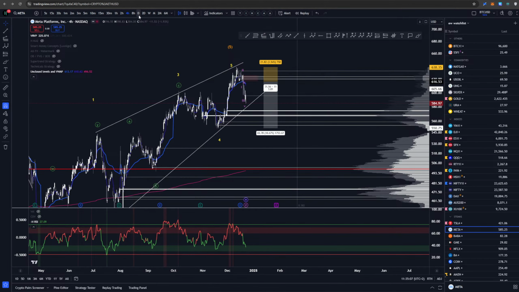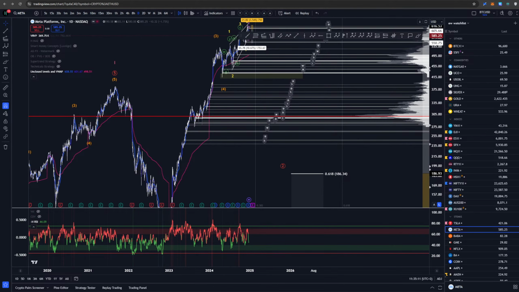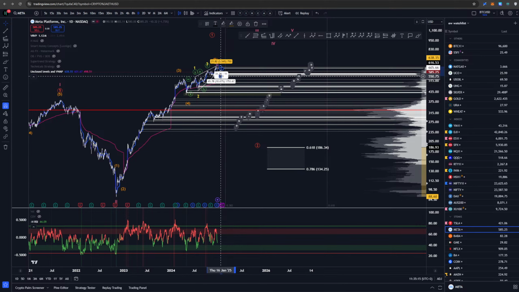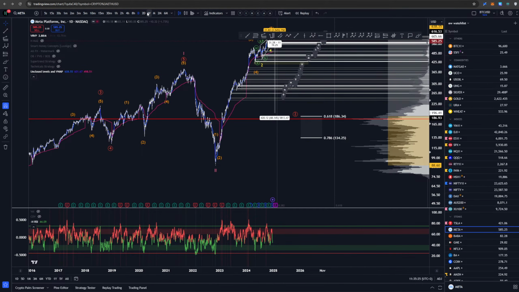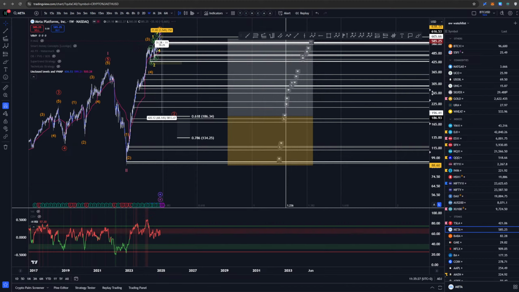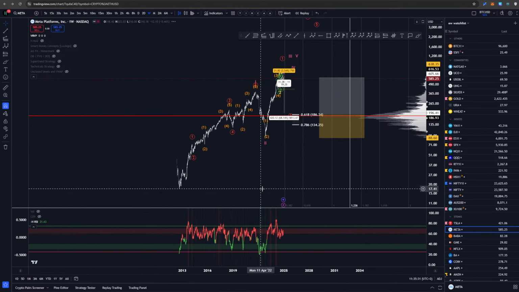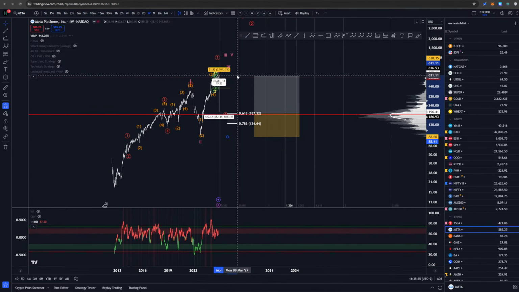And then this is just, if we want to be super bearish, I don't even know where to pull this to. $618 here, I don't know.